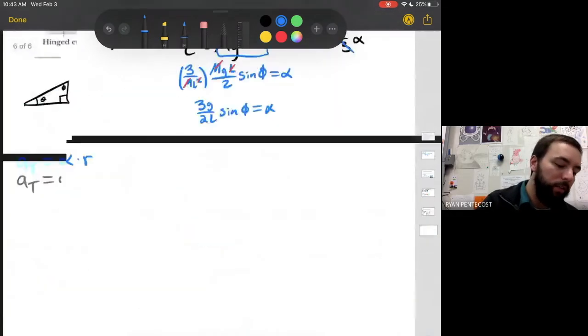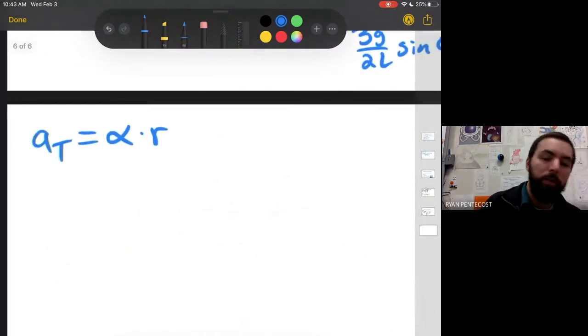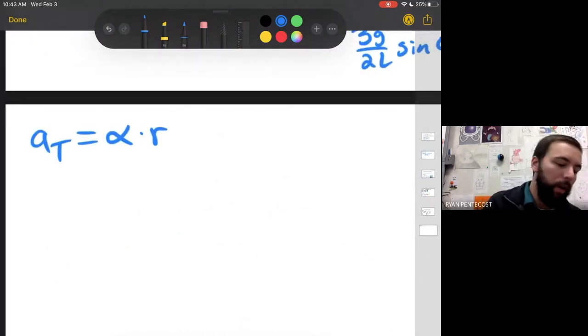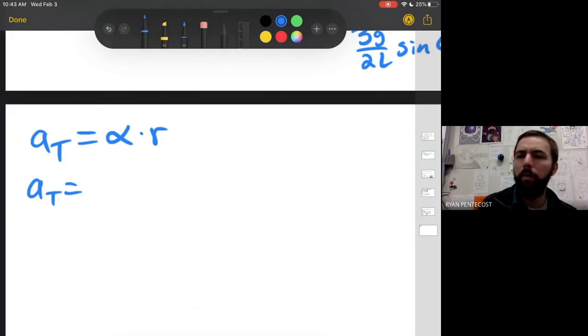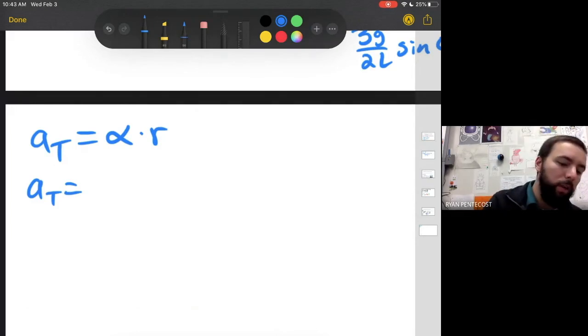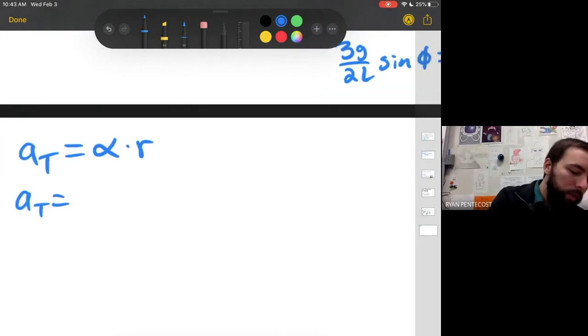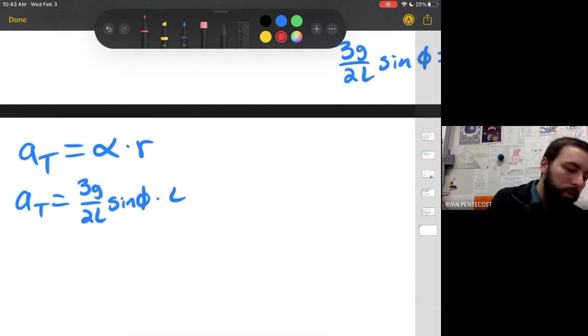So that is a different radius than we've been dealing with. That radius would be L, because the cup and the ball are on the end. So we take our alpha, 3g over 2L sine phi, times L, and that will cancel with the L down below, giving us 3g over 2 sine phi.